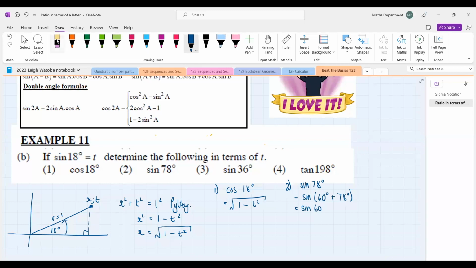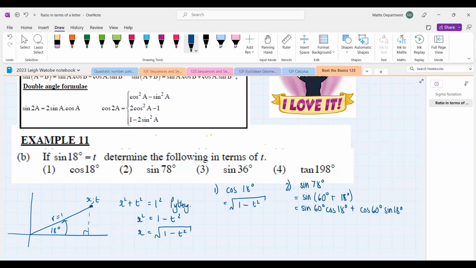Whoopsie. Writing things that are not true here. Sorry, so that should be 18, not 78. So this would be sine 60 cos 18 plus cos 60 sine 18.